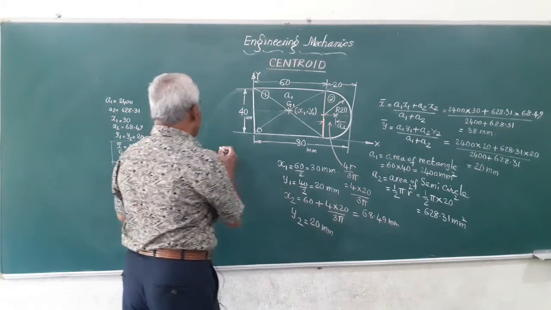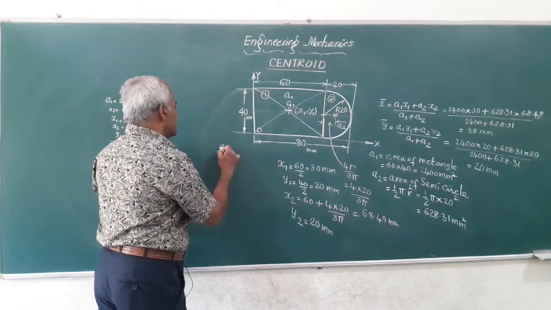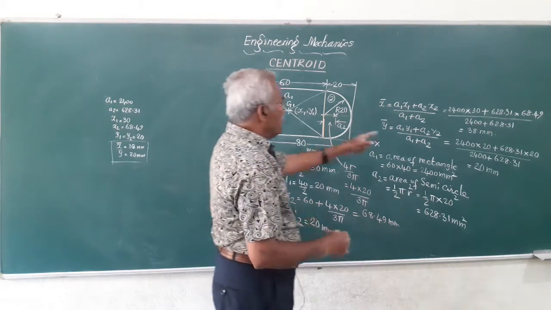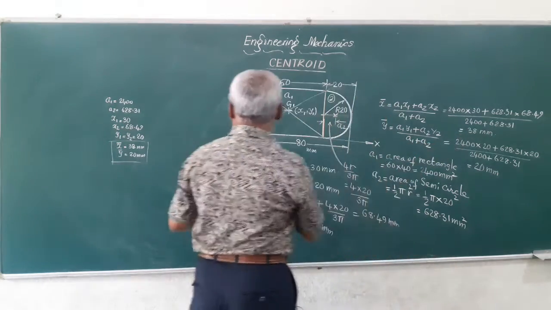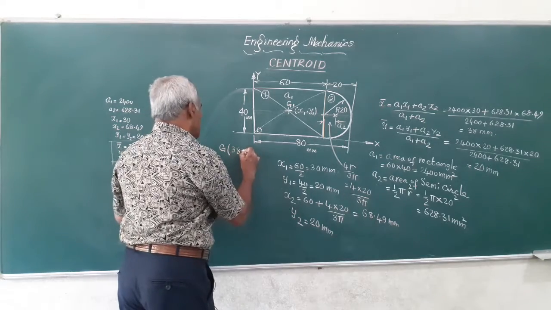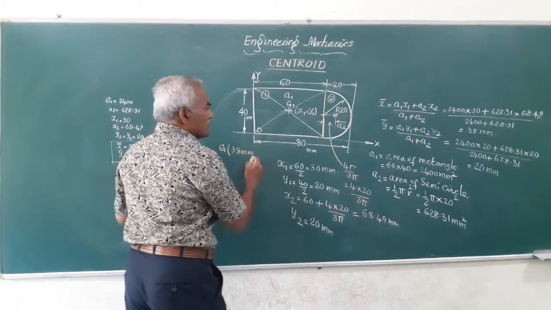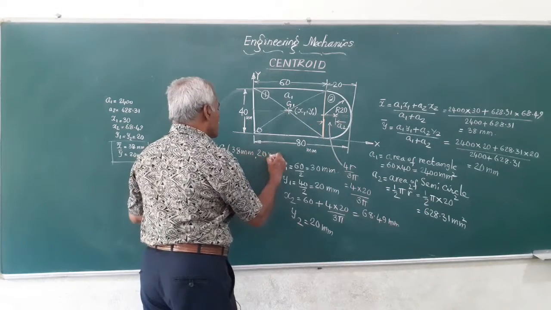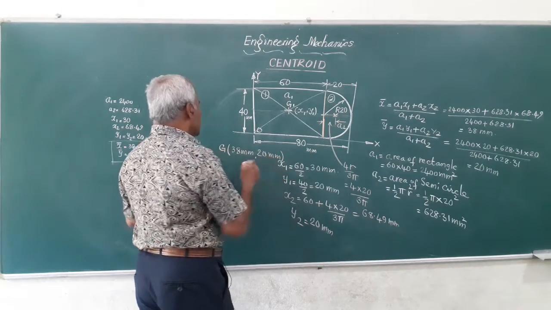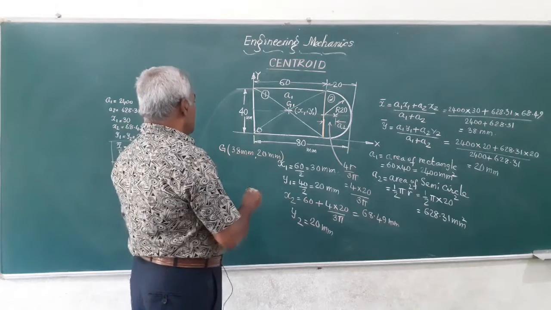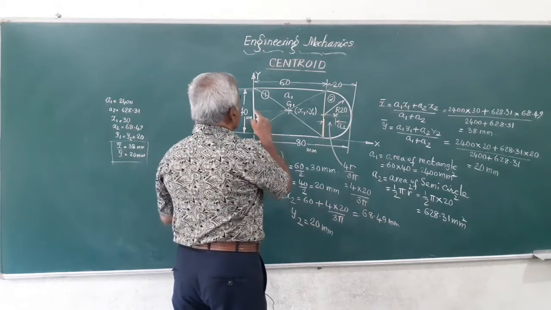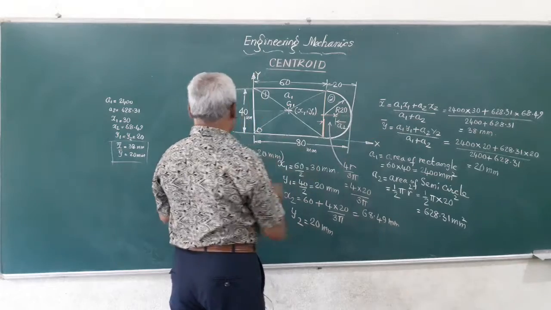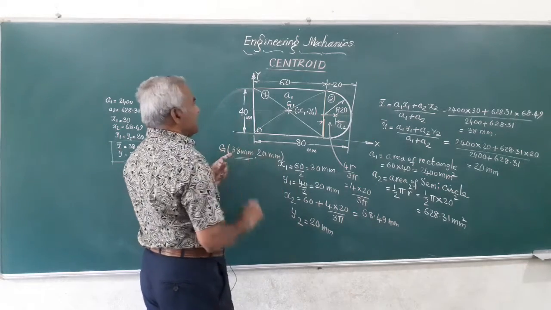So the centroid of this, which I call G, has x bar equal to 38 mm and y bar equal to 20 mm. I will also show you where exactly this will lie. Friends, y bar is 20 means it should lie somewhere along this line, and x bar is 38.